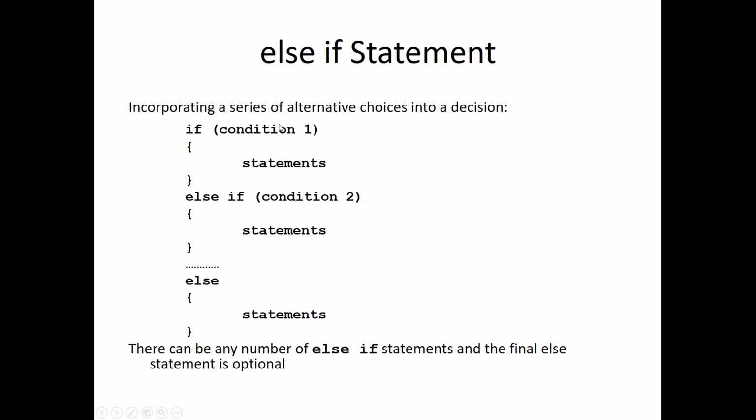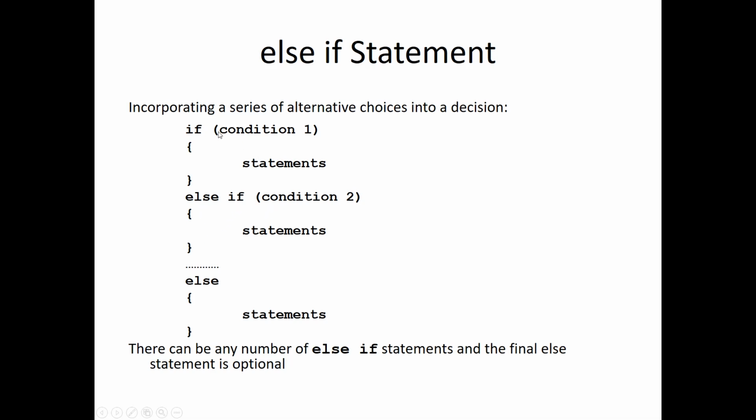If that's not true, then if this condition is true, perform all the statements in these brackets. Technically, you can repeat the number of else ifs that you need. You could put 3 or 4 or 10. It doesn't make any difference. You have a separate else if statement with its associated code statements for every condition.